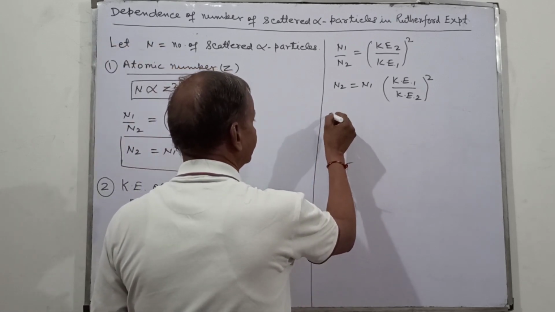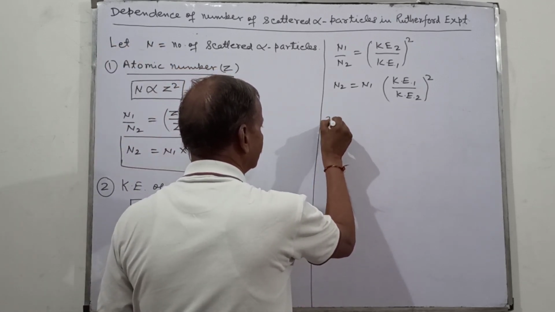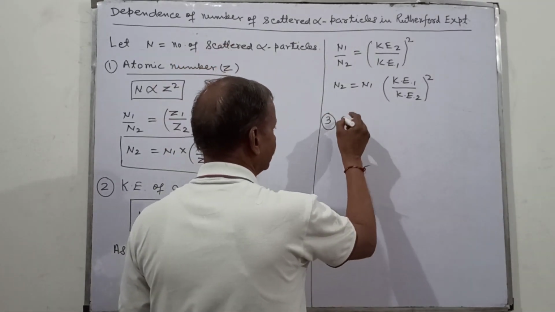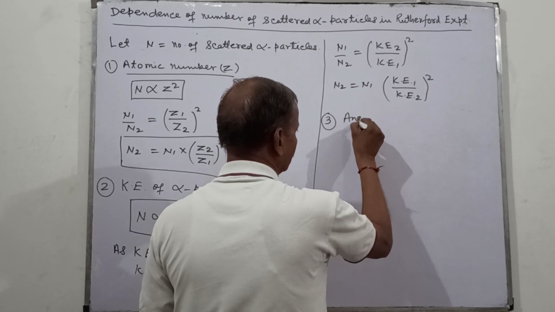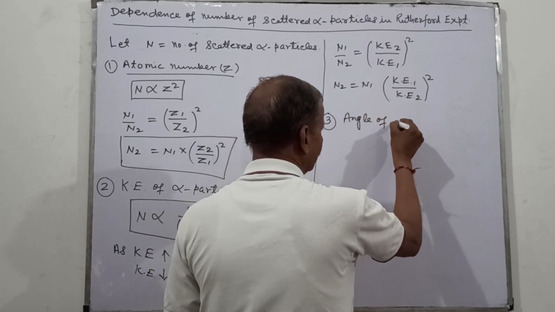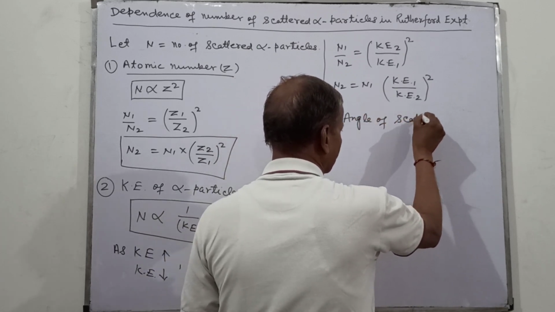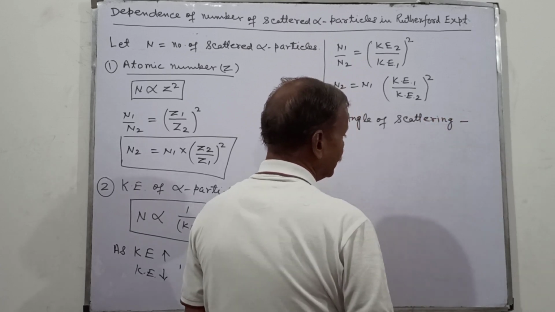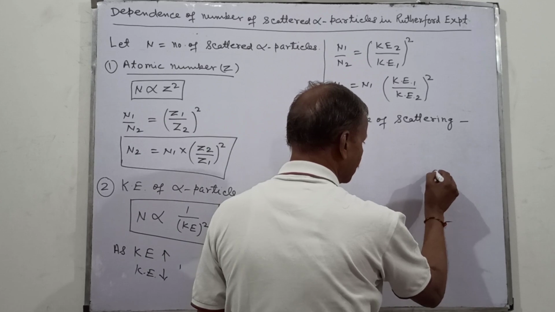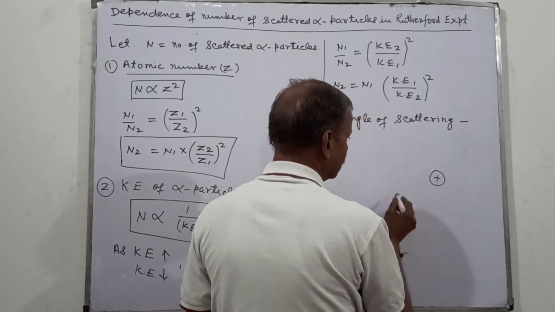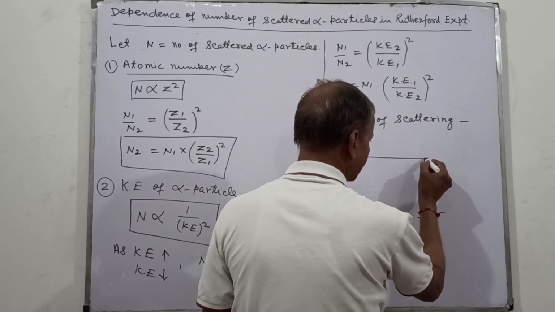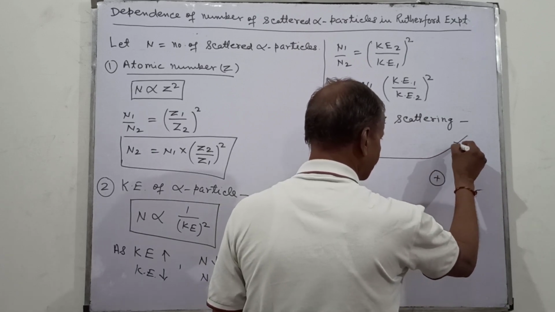Now number 3, angle of scattering. Suppose this is the nucleus, and this is the alpha particle that is coming here and it is being scattered in this direction.